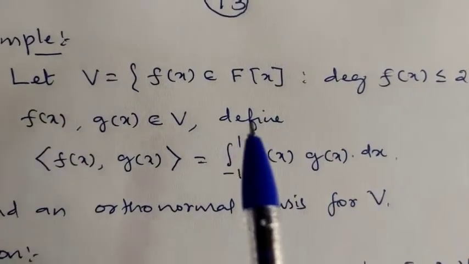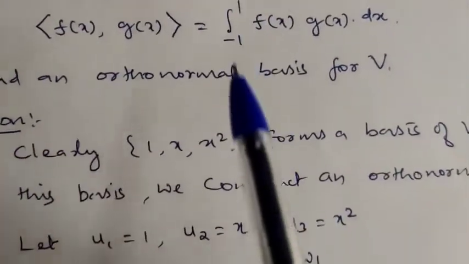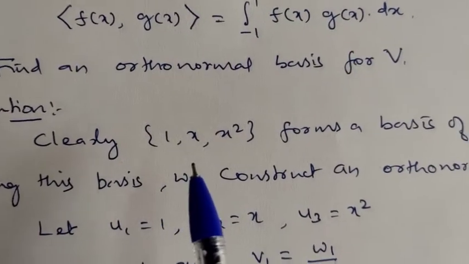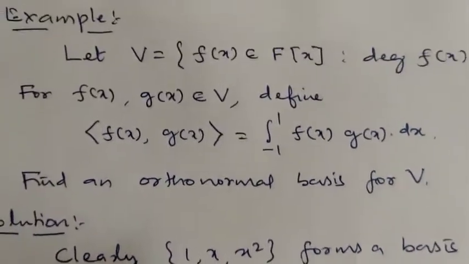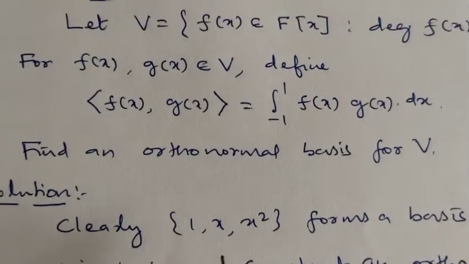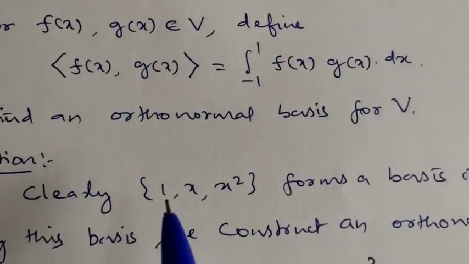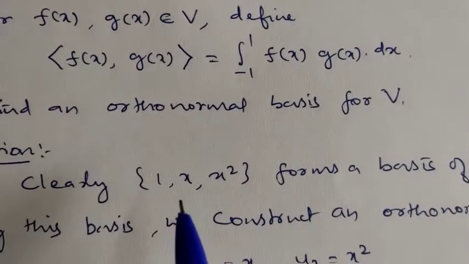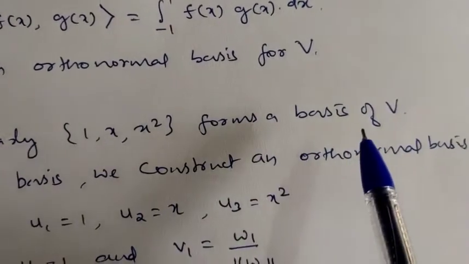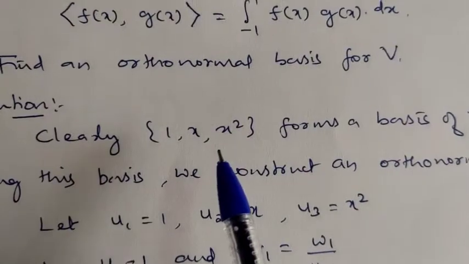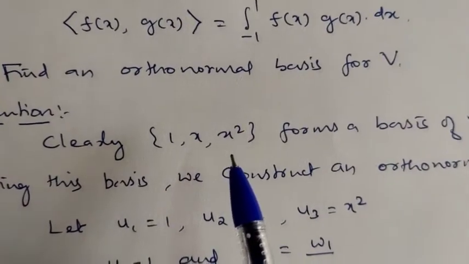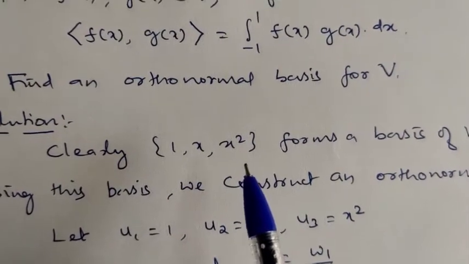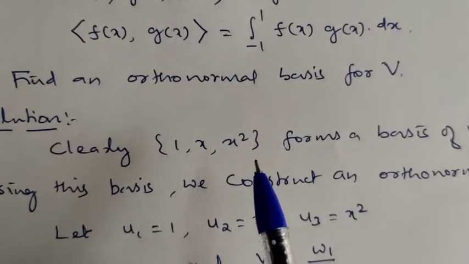So, we know that 1, x, x squared are the basis elements for V. Every element of V can be written as a linear combination of 1, x, x squared. Therefore, 1, x, x squared forms a basis of V. So, using these basis elements, we construct an orthonormal set which forms a basis of V, called the orthonormal basis.